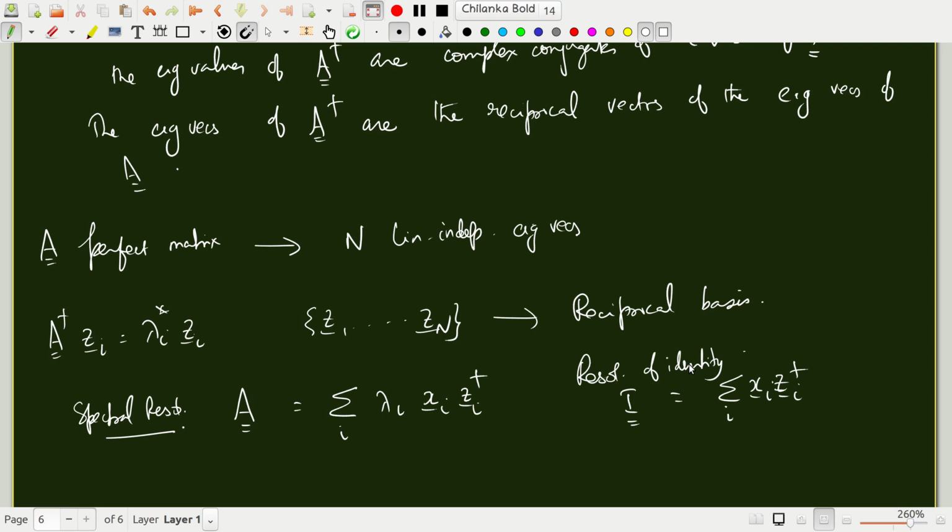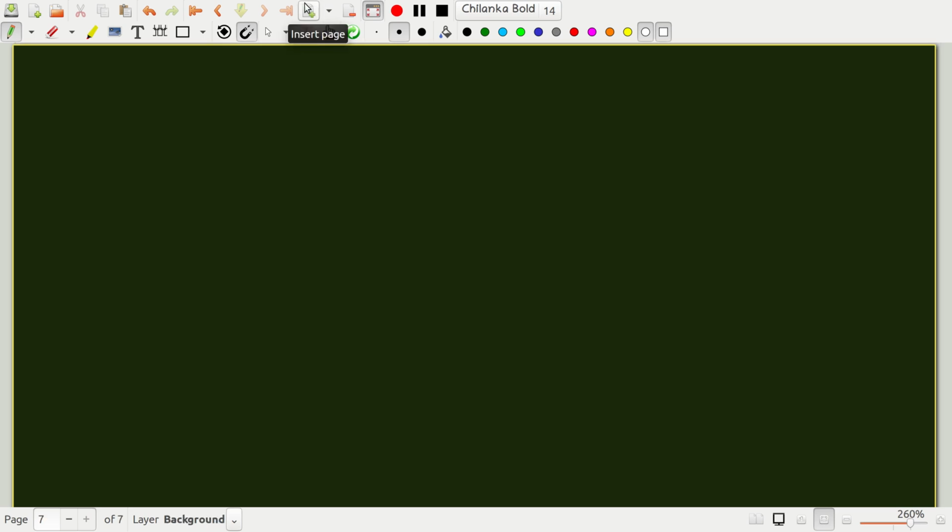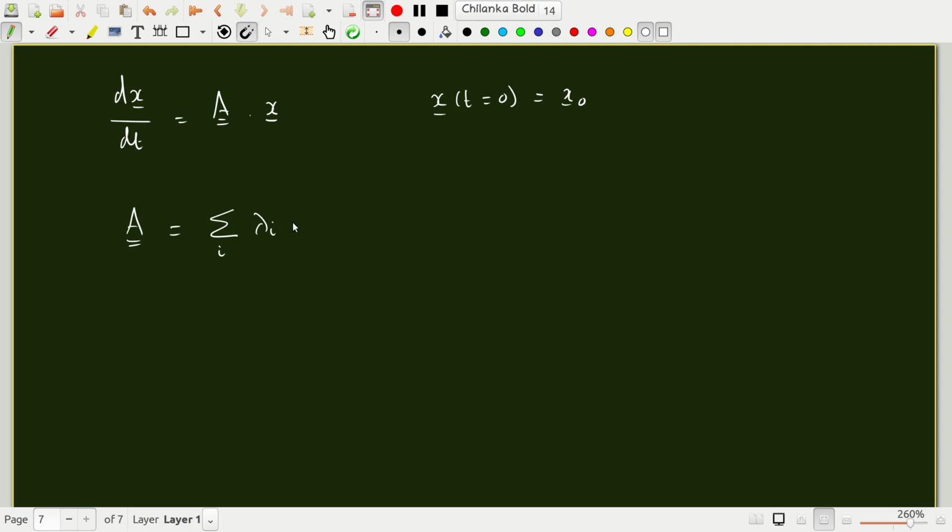All right. Now, what is the advantage again of all this? So far, we have been thinking about the properties of Hermitian matrices. Even if you have a perfect matrix, consider dx/dt equals Ax, a set of coupled ordinary differential equations. If you want to solve this formally, you can do the following. Let's take a step back.